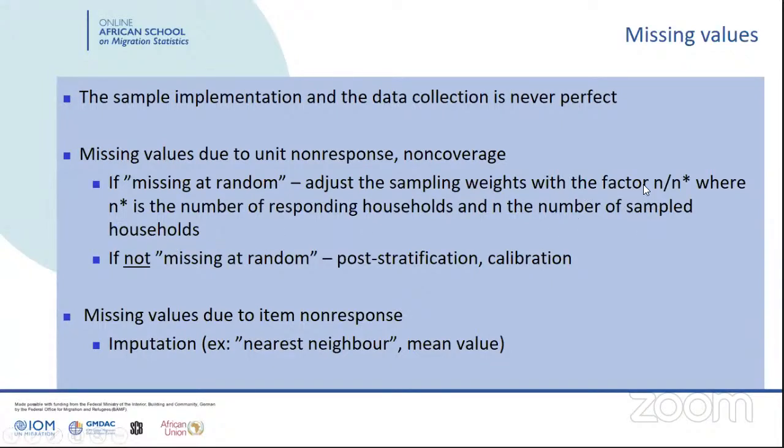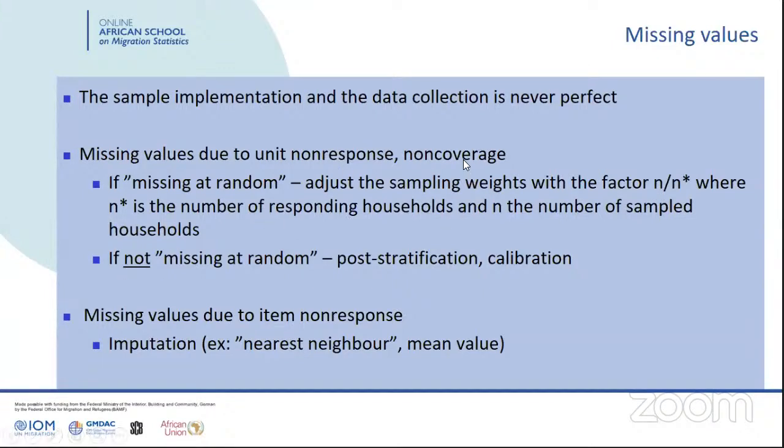N is the number of responding households, and N are the sample households. So this will be a factor a bit above 1, so we are compensating for the missing units or data.